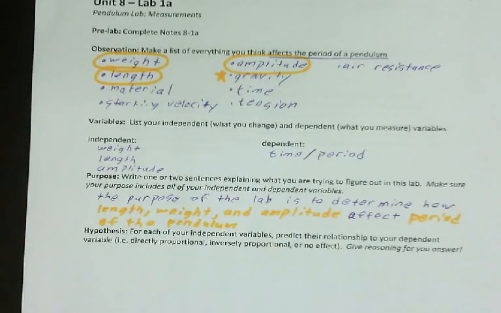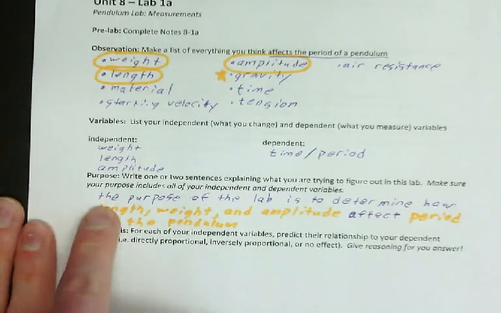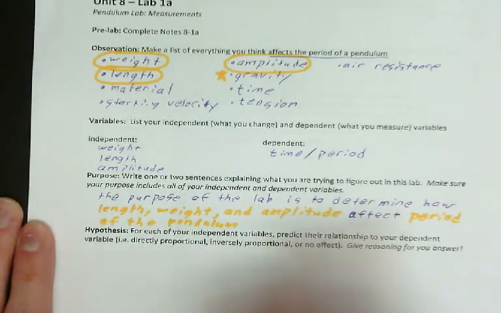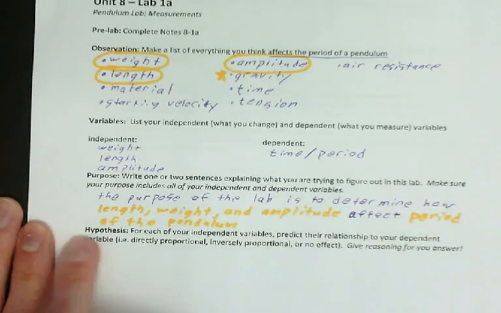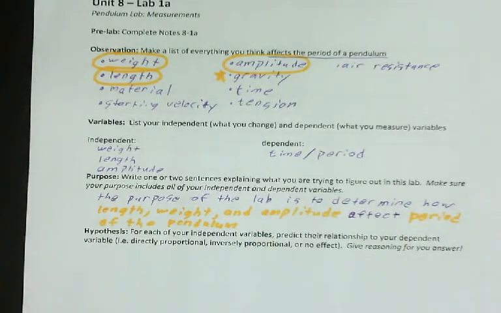Okay? So this is how you do a purpose statement. Every single time the purpose of the lab is to determine how, independent variable, effect, dependent variable. Bam. Easy peasy. Every time.